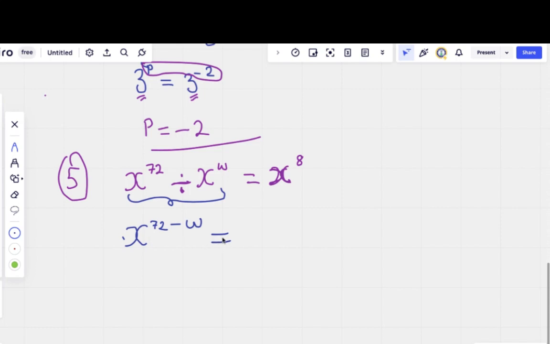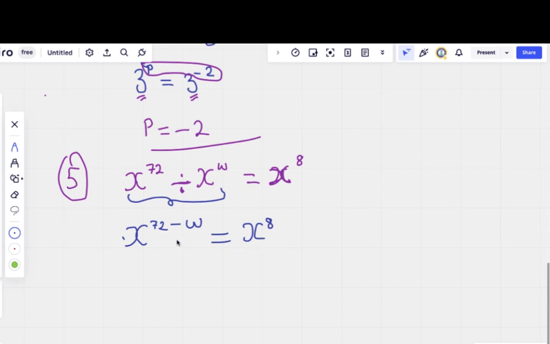Yes. You now say this will be equal to x to the power of 8. And if that is true, this is an equation now. The base of the left side is x, and the base of the right side is x.